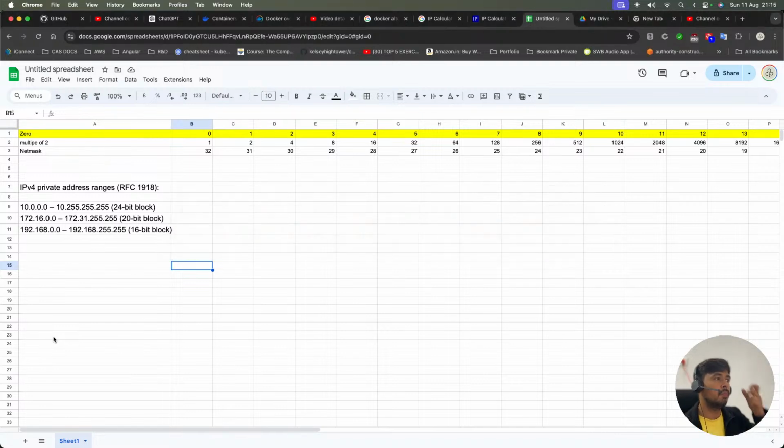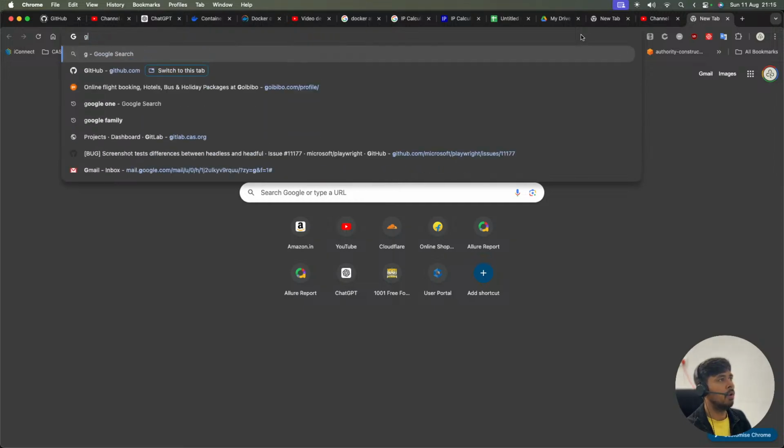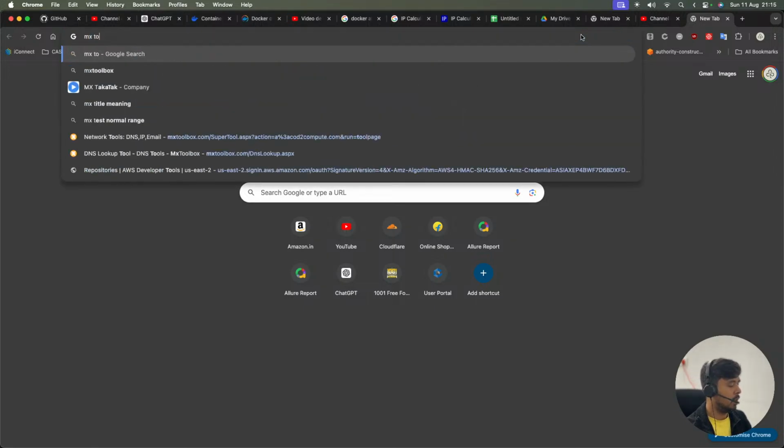So there are a total of 32 bits and you can't have all networks or all hosts. So let's say I'm typing 192. Let's do this, MX toolbox.